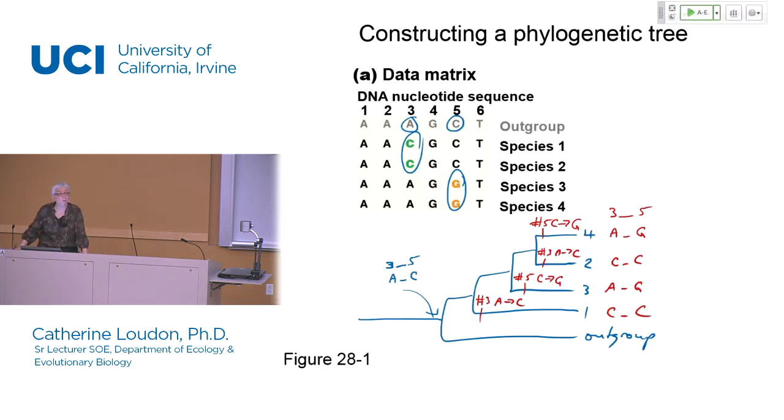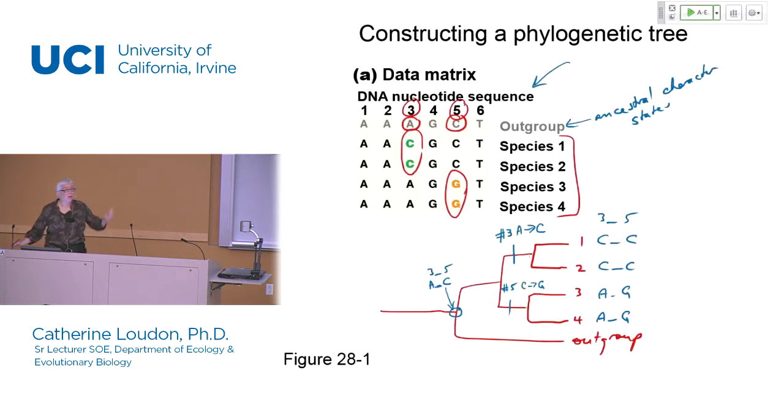If we look at this one, for example, for this particular tree and these particular changes, we have to invoke 1, 2, 3, 4 evolutionary changes in order to make this scenario match the actual data. If we look at our earlier first phylogenetic tree and count the same thing, the number of changes, we see that there are 2 changes.